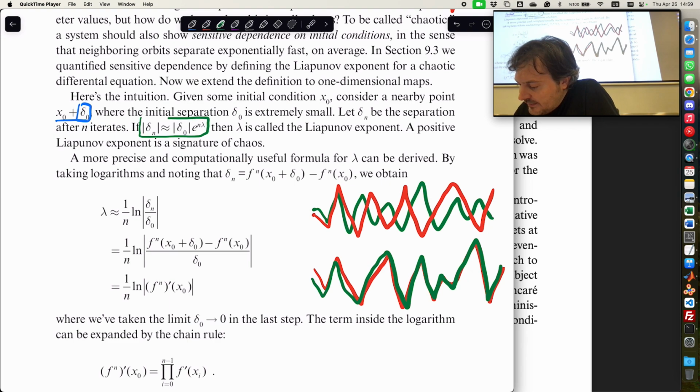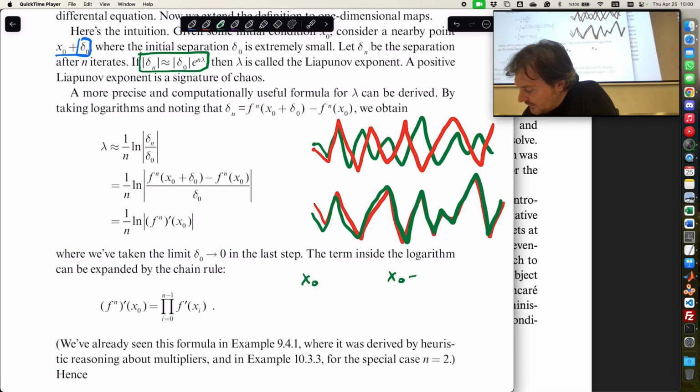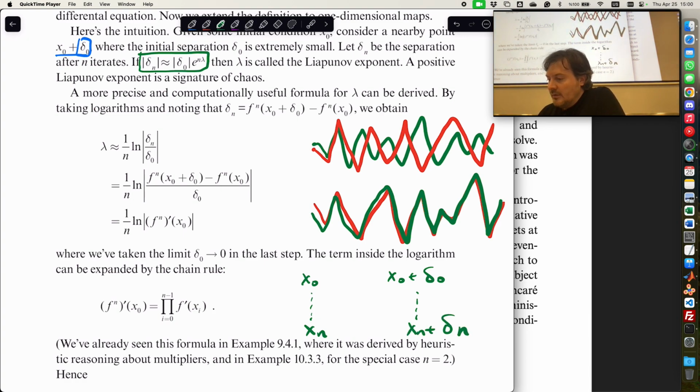Let's say you have delta n, which is like you start with x0 and x0 plus delta 0, and so on until xn and xn plus delta n. If the magnitude of delta n over delta 0 is approximately e to the n times lambda, if lambda is positive, then it's exponentially increasing, right?